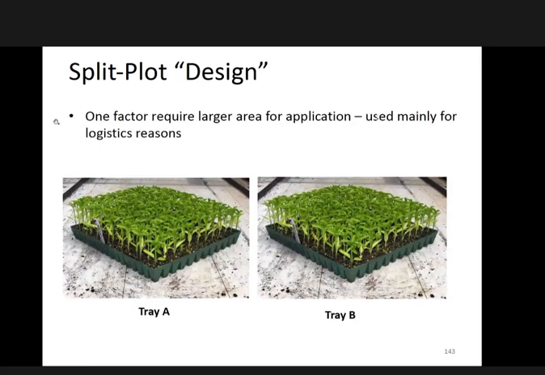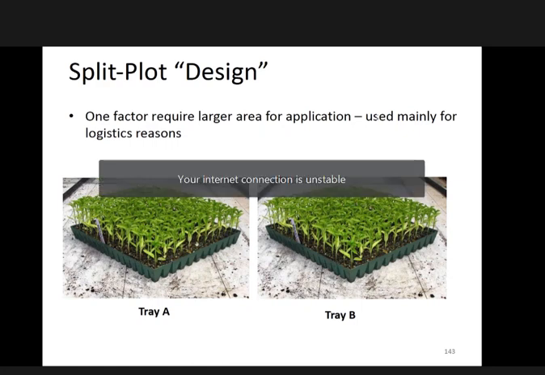So let's say, for example, here we have a tray of seedlings. We have tray A and tray B. Now, let's say I have different varieties, and I also have fertilizer. In line one I can plant one variety, in line two another variety, and so on.